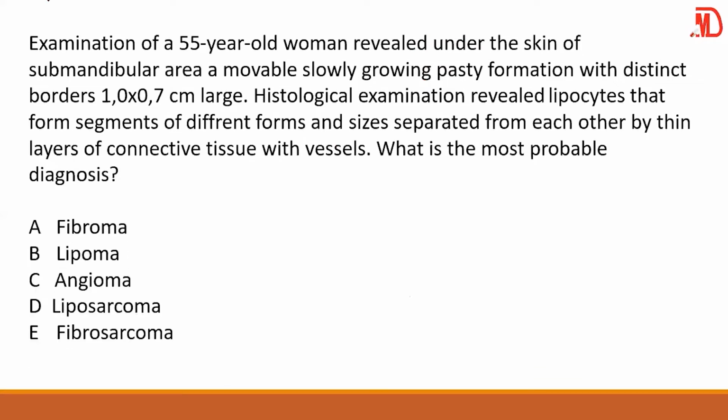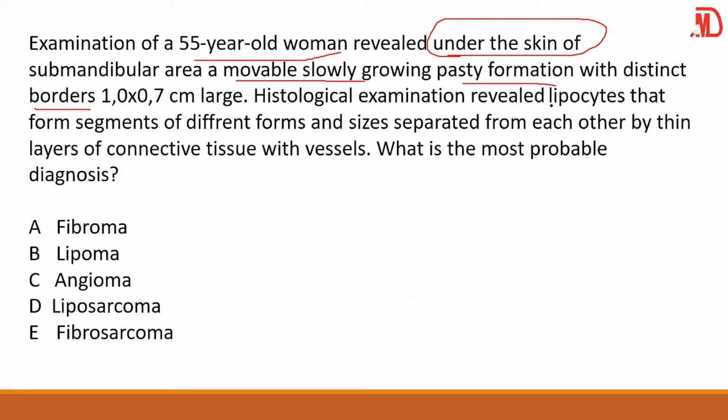Again, we've answered this question, but in a different way. Examination of a 55-year-old woman revealed under the skin of submandibular area a movable, slowly growing pasty formation with distinct borders.